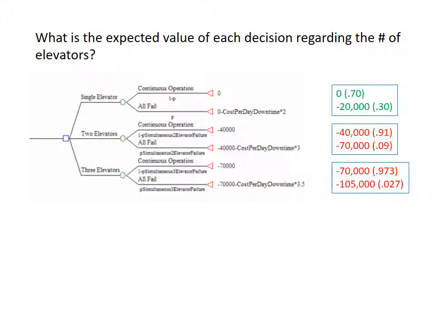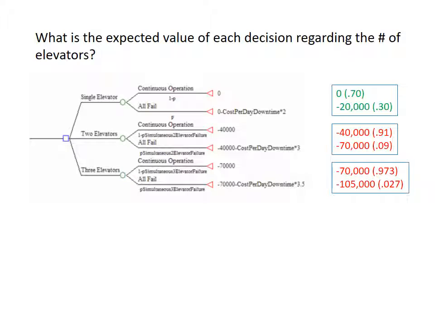And we can move down and do the same thing for 2 elevators. In this case, the two possible costs associated with having 2 elevators are negative 40,000, and that's just the cost of building an additional elevator to get a second one, and minus 70,000, and that's minus 40,000, so the cost of building the extra elevator, minus the cost per day of downtime, which is 10,000 times 3.